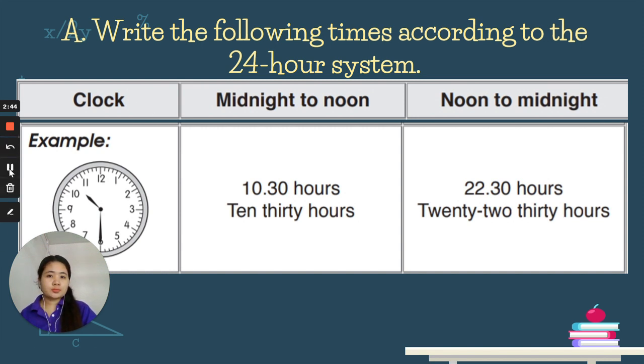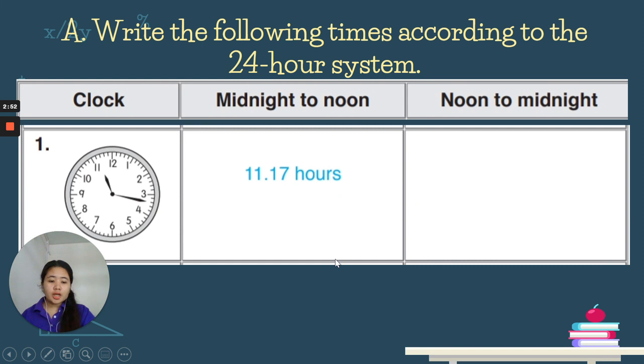Now, let's answer. Let's go to number 1. So this one, the clock. If you look at the small hand, 1, 2, 3, 4, 5, 6, 7, 8, 9, 10, 11. So that is 11, right?